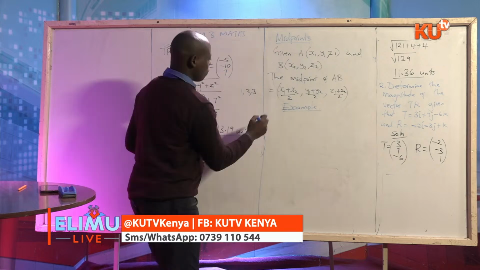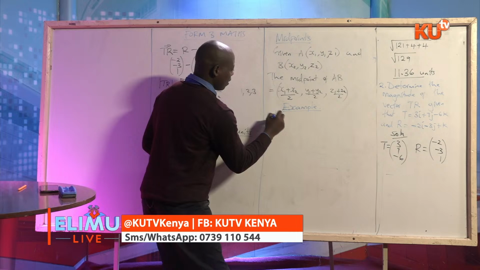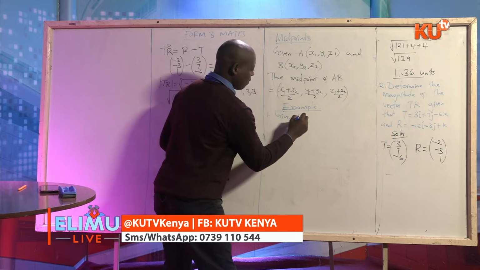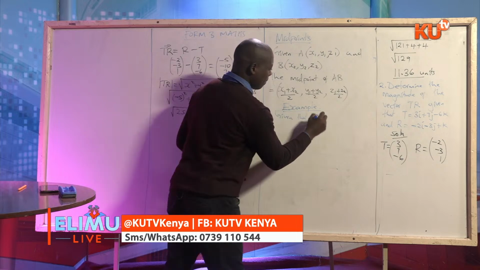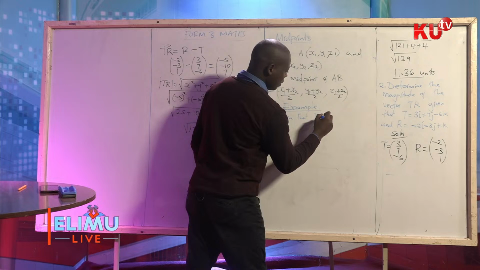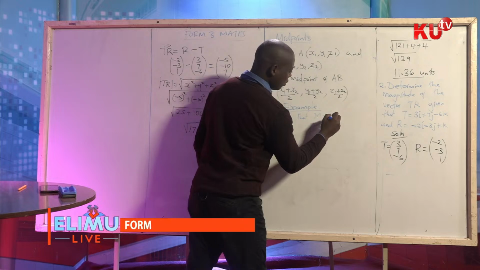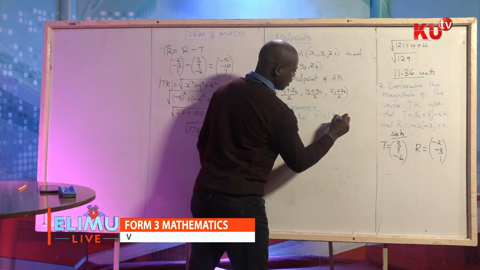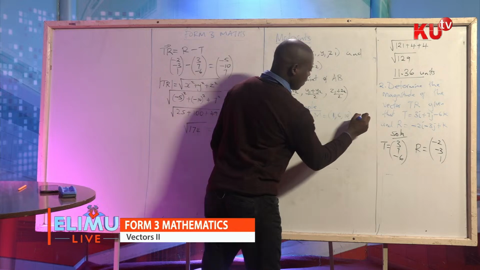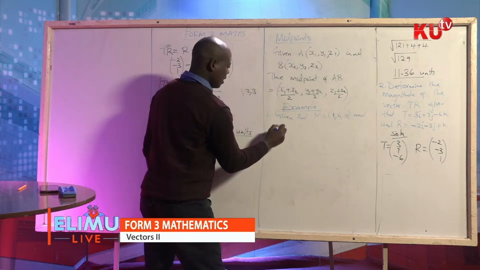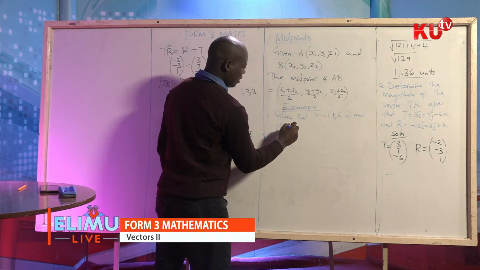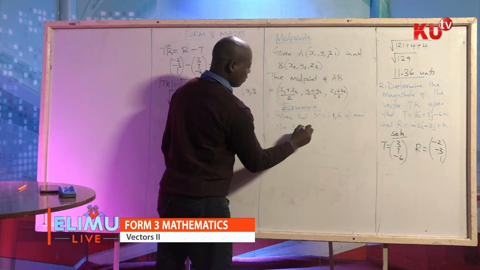Number 1, given that M is the point 1, 6, 10, and N is 3, 5, 7.